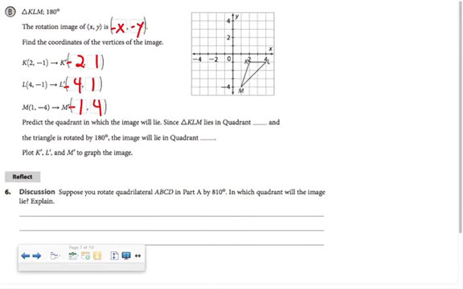Predict the quadrant in which the image will lie. Since KLM lies in quadrant 4, and the triangle is rotated by 180 degrees, the image will lie in quadrant 2. Plot K prime, L prime, M prime to graph the image. So K prime is at (-2, 1), L prime at (-4, 1), and M prime at (-1, 4).